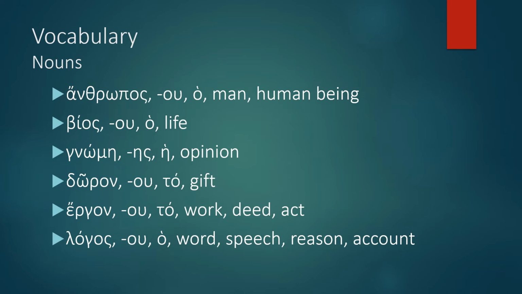This also belongs to the same paradigm as doron, because you can see here, the first part ends in on, the second ending is u, and as you'd expect, the neuter ending, or neuter principal part, that is, it's a neuter word. And then we have logos, logou. Plenty of ways to translate this. A problem for many theologians who aren't writing in ancient Greek. That is, most of them.